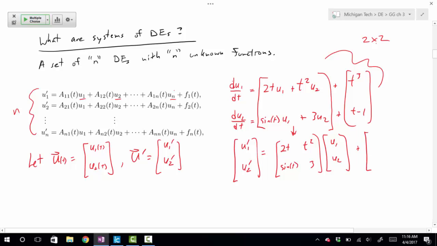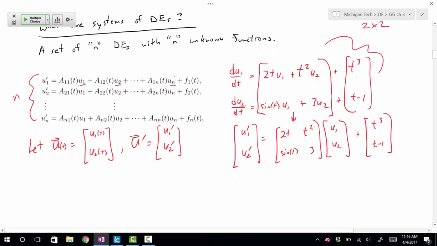And then I have this extra little vector at the end. Now, when I've defined this vector function u and calculated u prime, I can take this matrix vector equation and rewrite it as u prime is equal to some matrix A, whose components could be functions of t, times my vector function u plus some other vector function, which I'll call f.